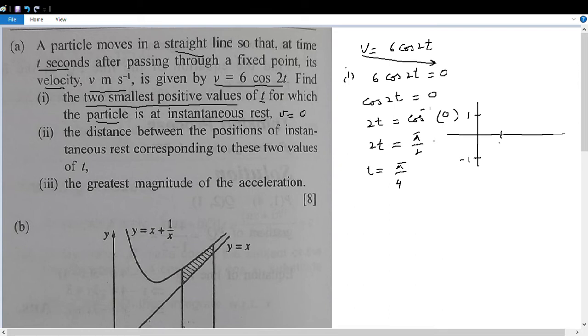So if it is pi over 2, then pi, 3 pi over 2, and then 2 pi. The cycle will be completed.